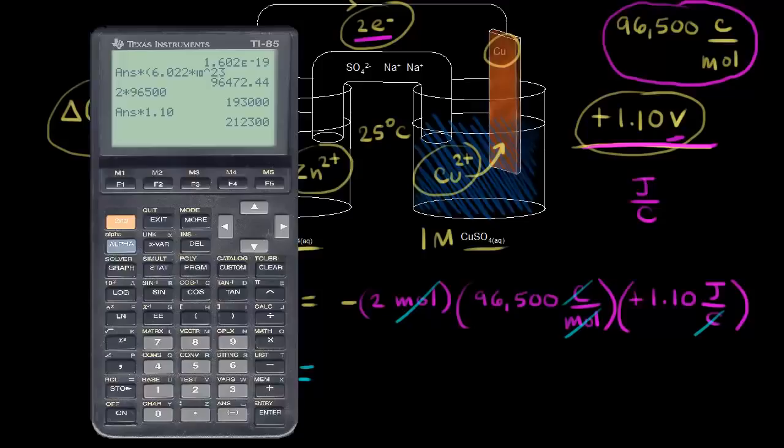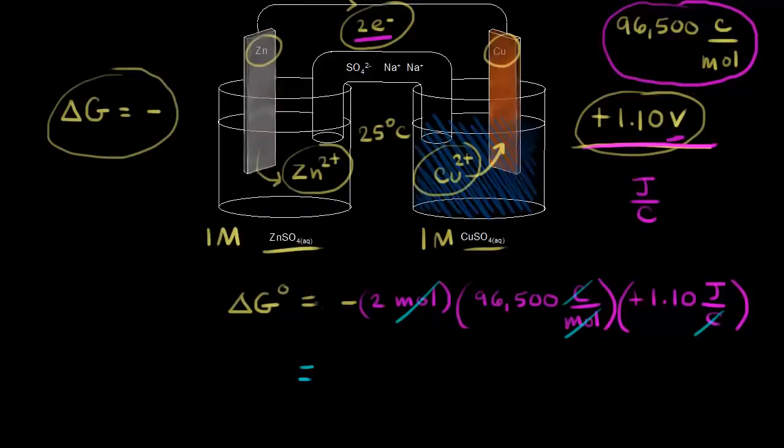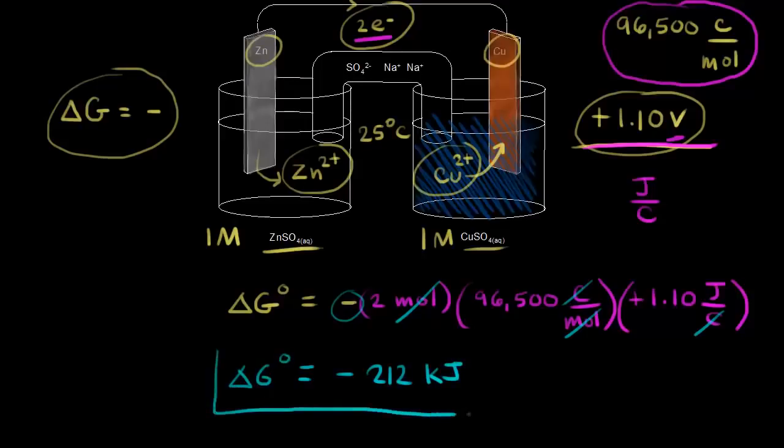So 212,000 joules would be 212 kilojoules. Remember, we have a negative sign here, so don't forget about this negative sign. This would be negative 212 kilojoules for our value for delta G0. So the standard change in free energy for this voltaic cell is negative 212 kilojoules.